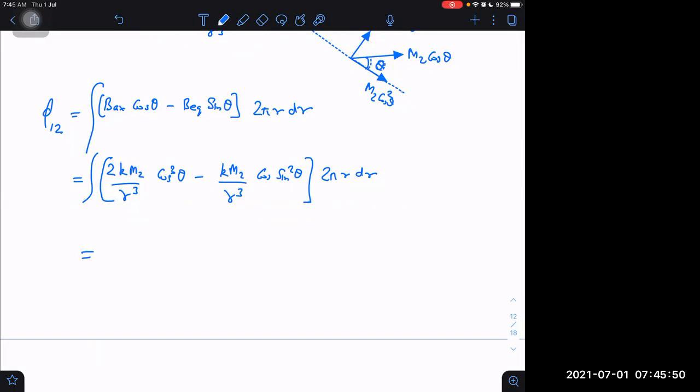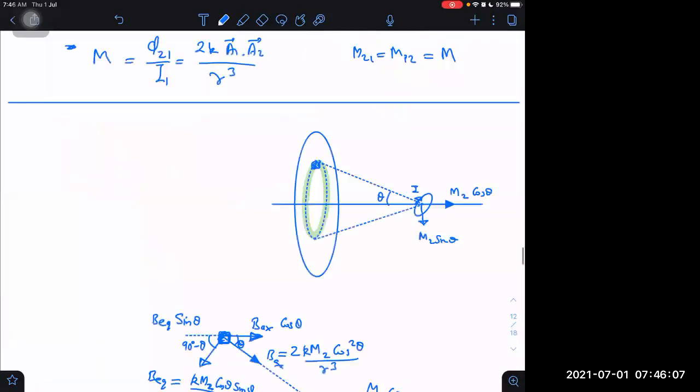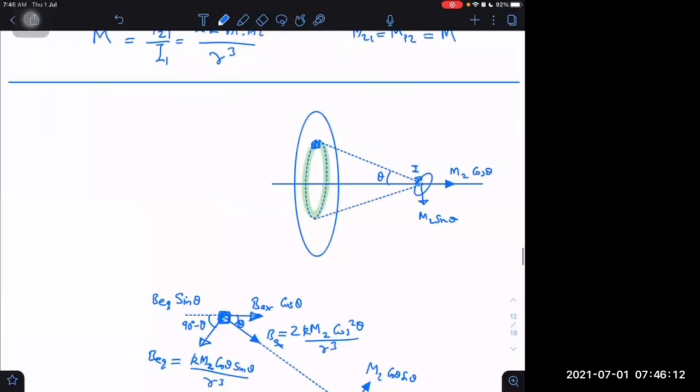Okay. K into m2 can be taken common outside. And 2 pi into dr, where we are taking a small element in the ring. This is capital R, right?